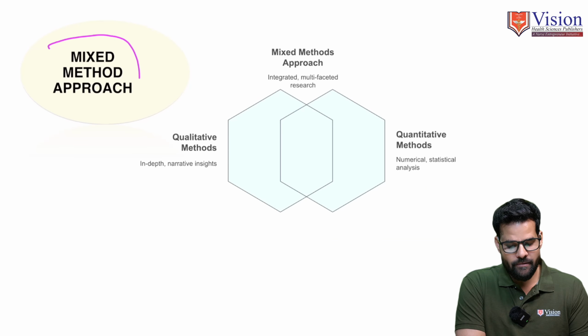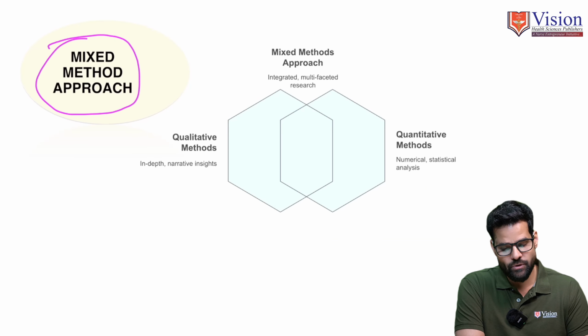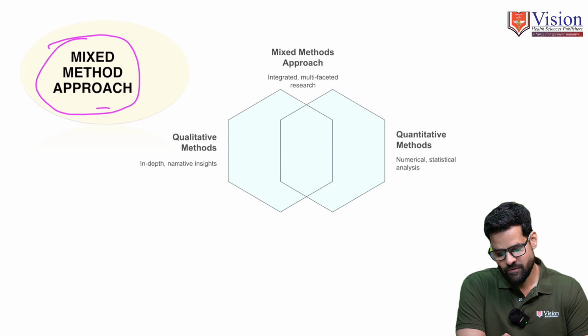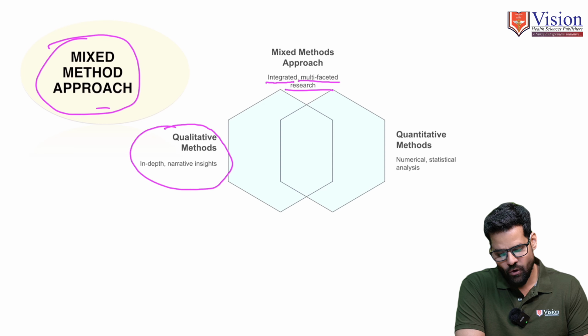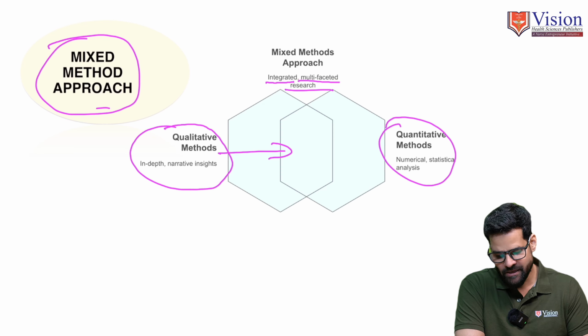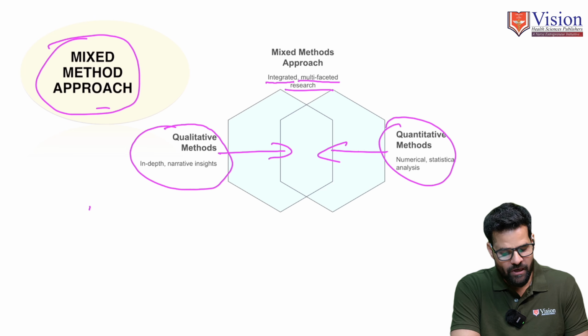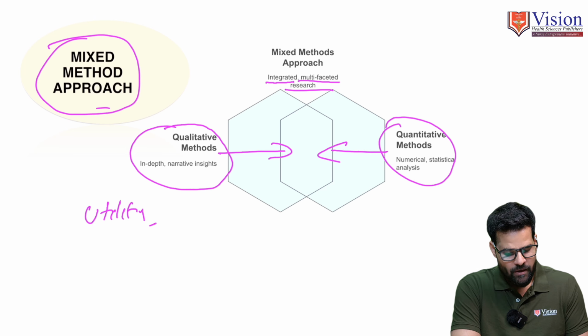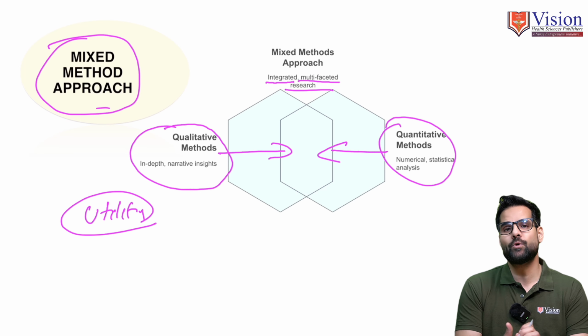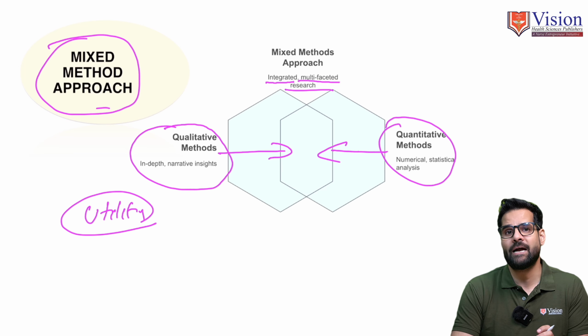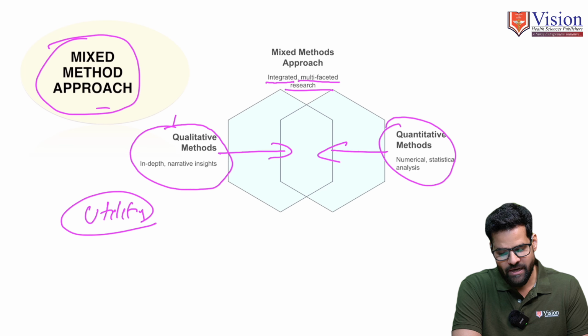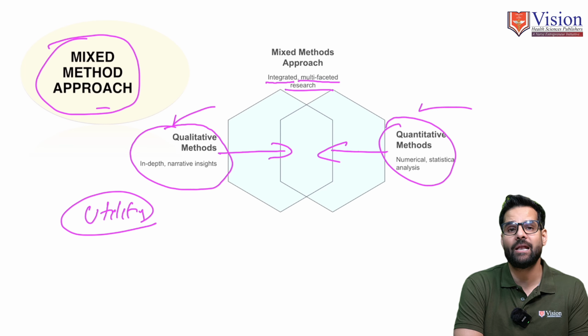Now, another important research approach is the mixed method approach. So what does this figure say here? What is the mixed method approach? Integrated, multifaceted research. What we do here is adapt the features of qualitative as well as quantitative research. They believe in a principle of utility, and the people who support the mixed method approach argue that neither of these inquiries, qualitative or quantitative, can conduct the inquiry alone.